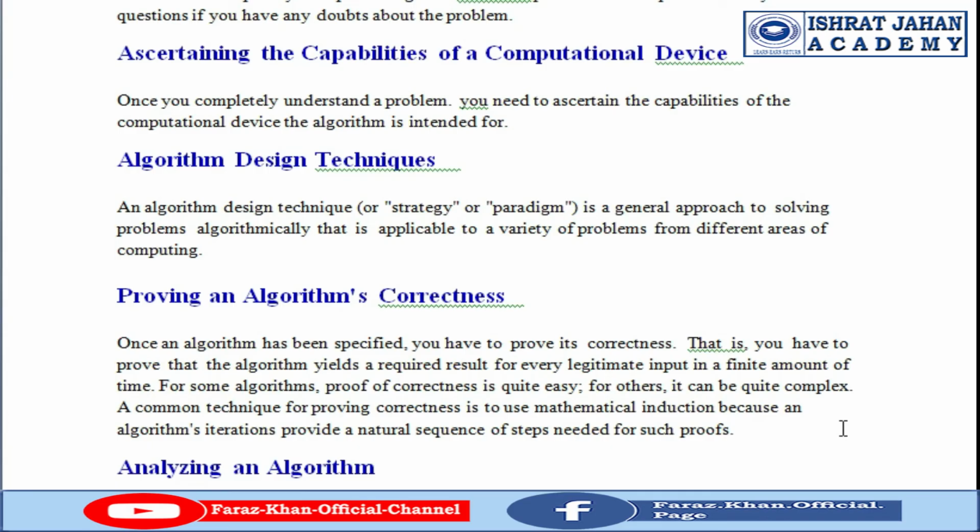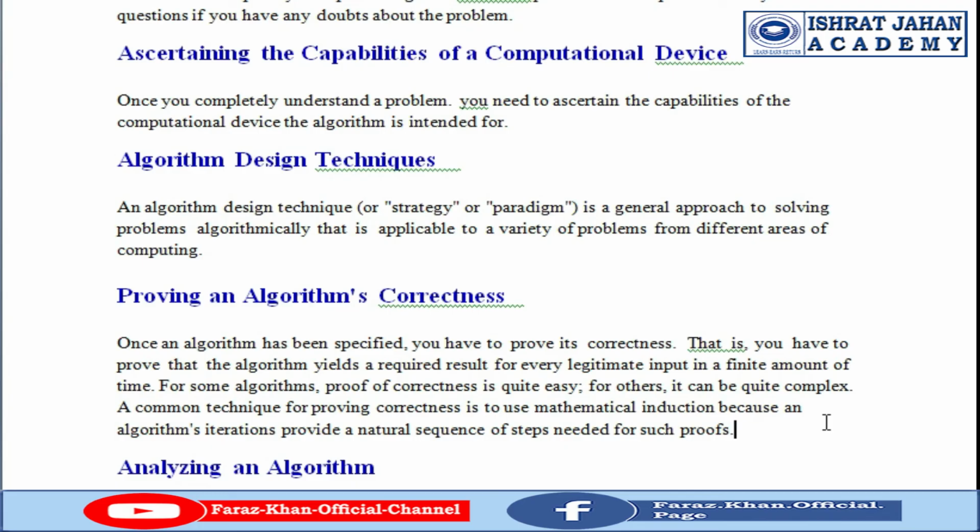Right now, you just need to understand the basic concept of mathematical induction from a bird's eye view, which will be applied in different examples later in this course.